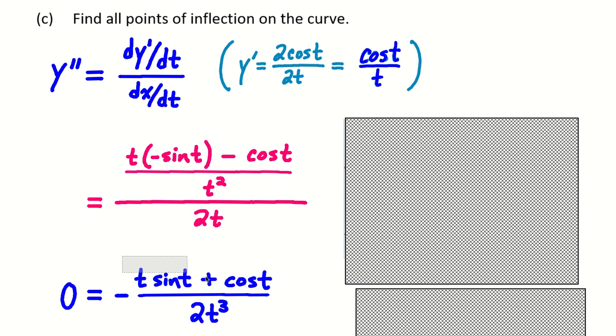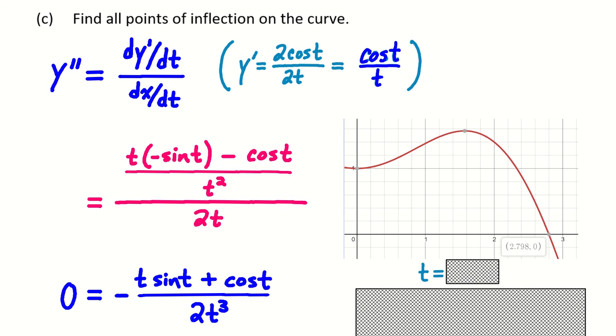There might be a way to solve this, but I'm going to show you a pretty easy way to cheat. Throw it onto your grapher. Graph this on your graphing calculator or on Desmos, and whatever the x-intercept is, that's the answer.